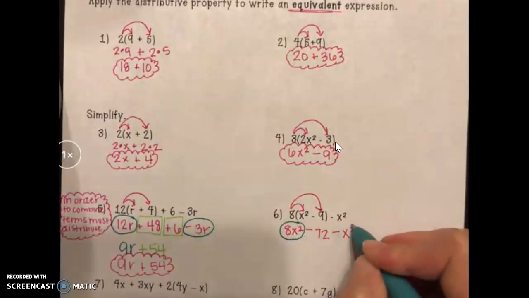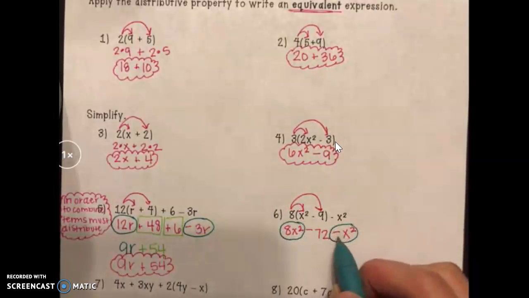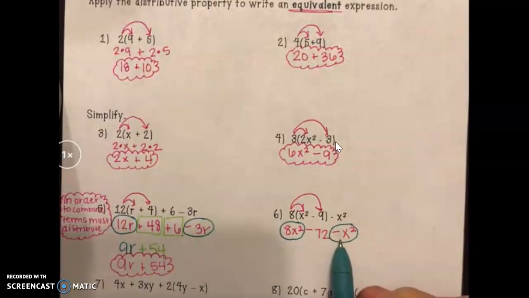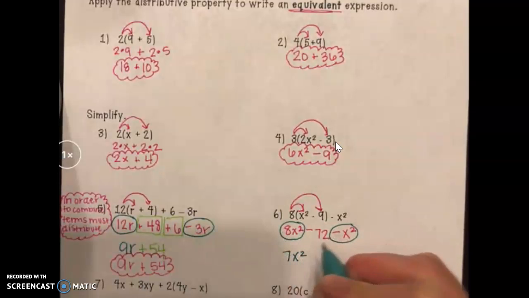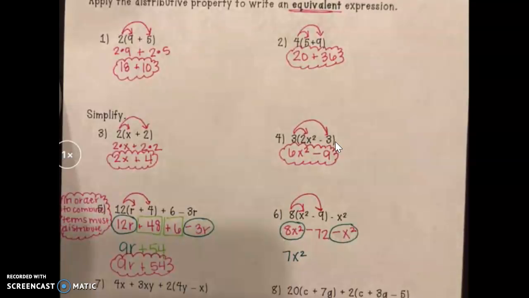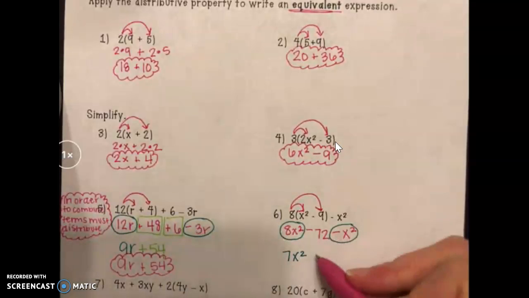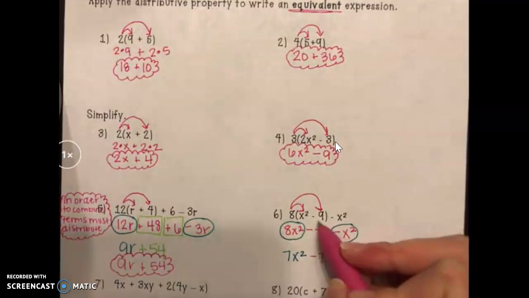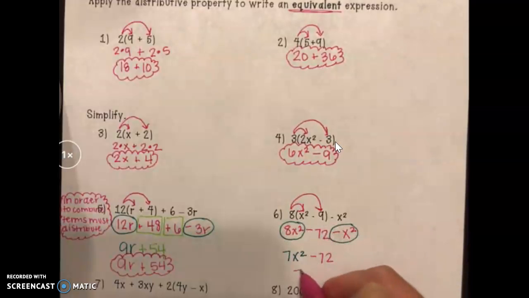So this one is similar to this one. Remember, we want to keep our sign. So 8x squared take away 1x squared would be 7x squared. And then I would just bring down that minus 72 because there's nothing I can combine it with. So my final answer is 7x squared minus 72.